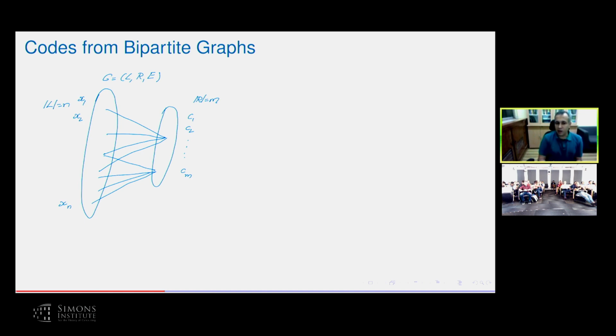I give you a bipartite graph. Can we construct a code from this? This is the most natural thing. You view the left-hand side as the elements. So you're given some bipartite graph, say G equals (L, R, E), the left-hand side, the right-hand side, and the edges. The right-hand side naturally represents a set of constraints that capture the code.